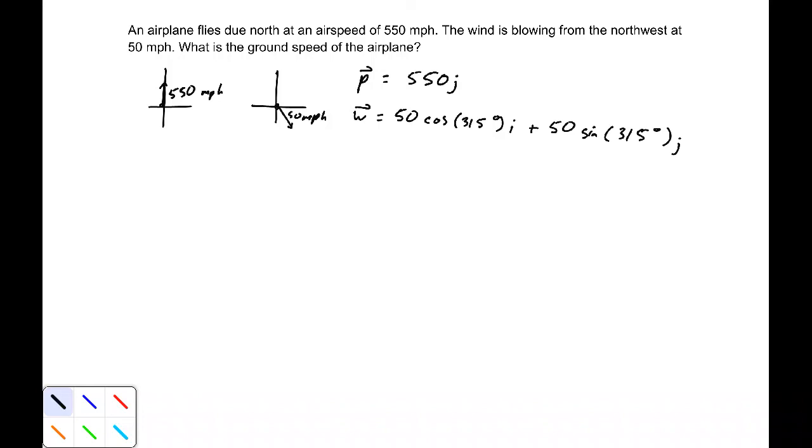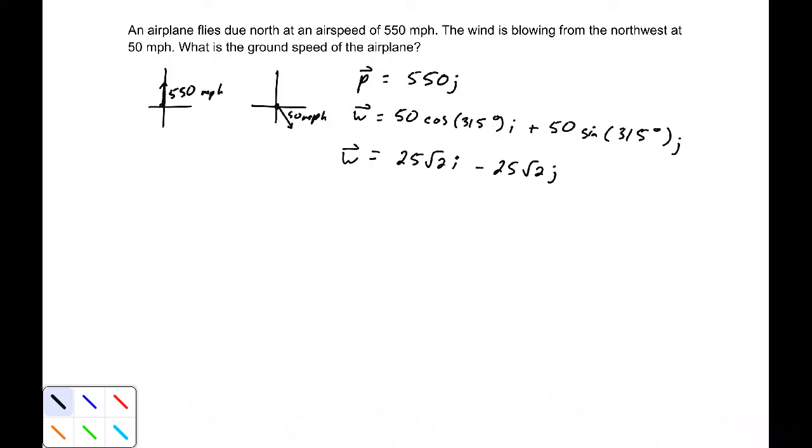So the vector W for our wind is then equal to 25 square root of 2 i minus 25 square root of 2 j.